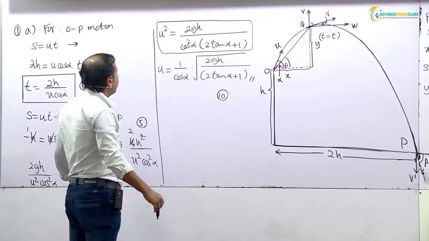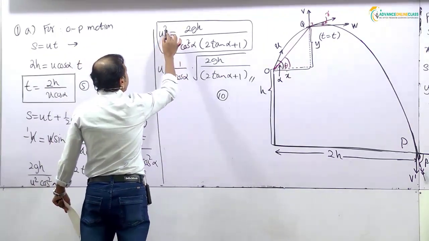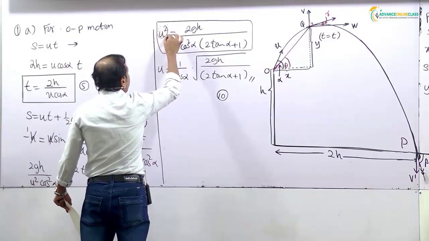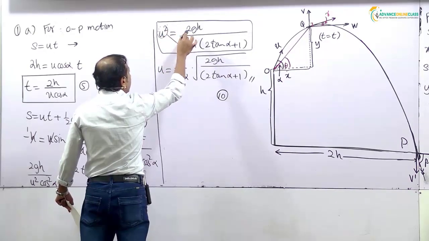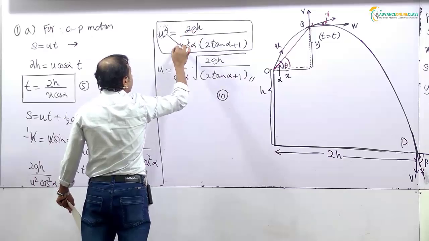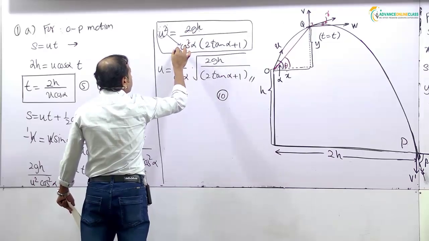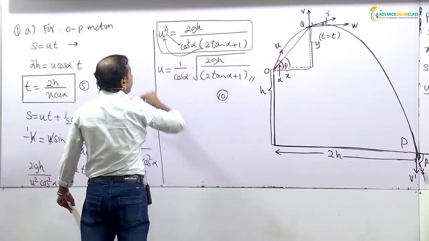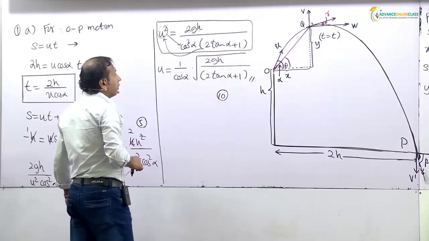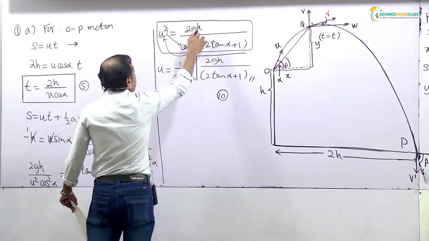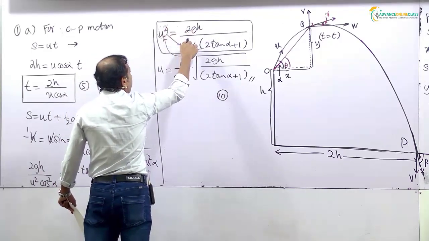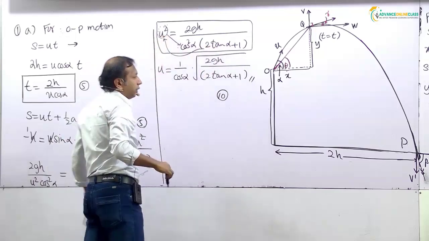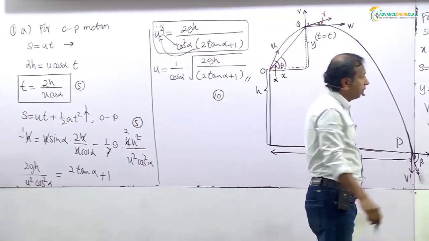That means I bring this part here, then we get 2gh divided by U squared cos squared alpha is 2 tan alpha plus 1.